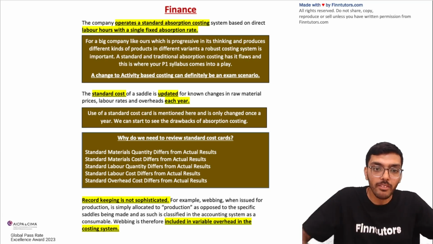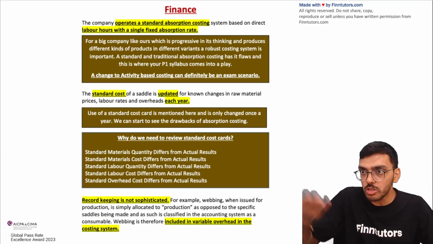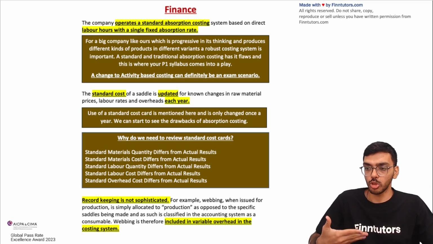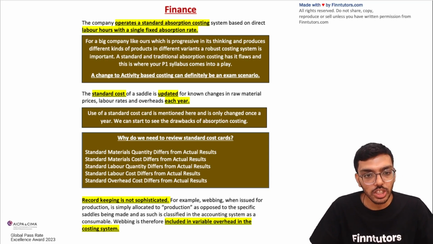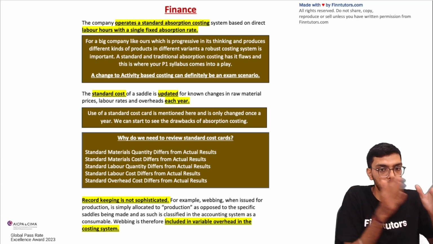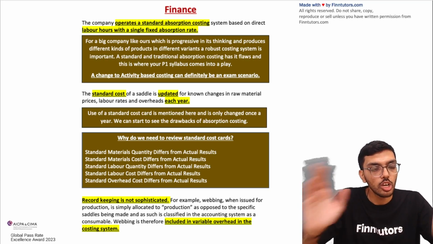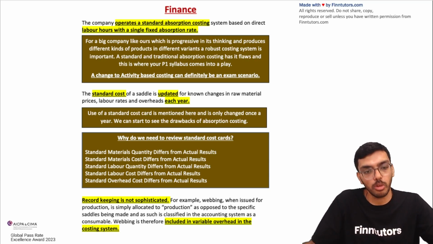So you will keep having variances. If you keep having variances, how do you judge properly the performance of the organization? Because you will need to keep reviewing these cost cards, because your standard material price will differ from actual. Your standard labor price will differ from actual.